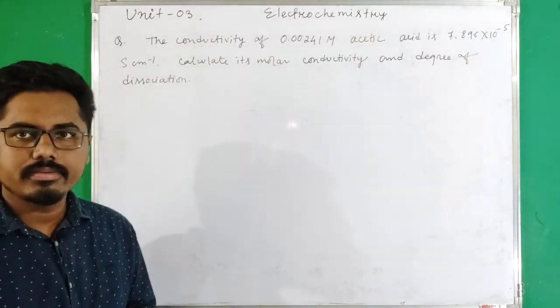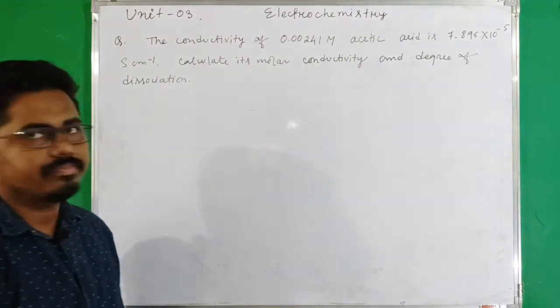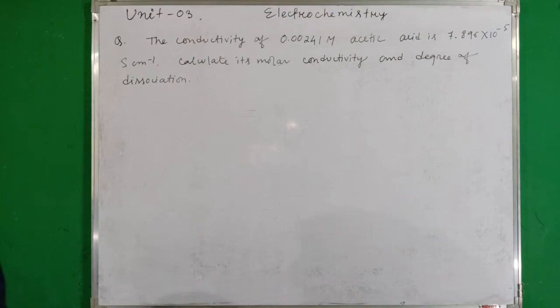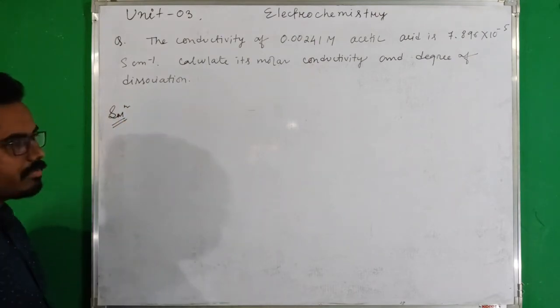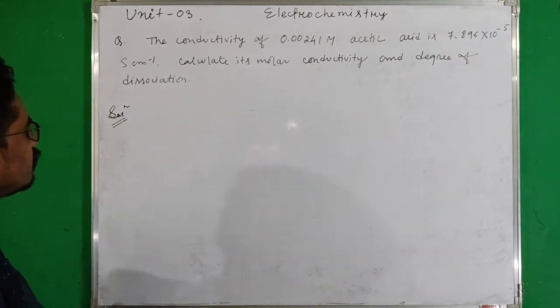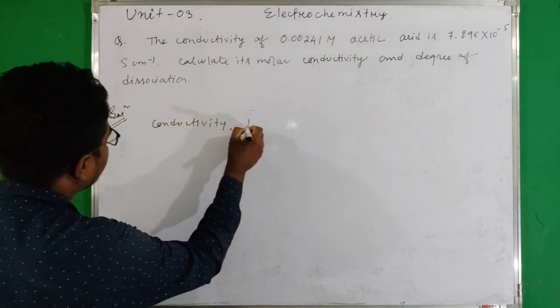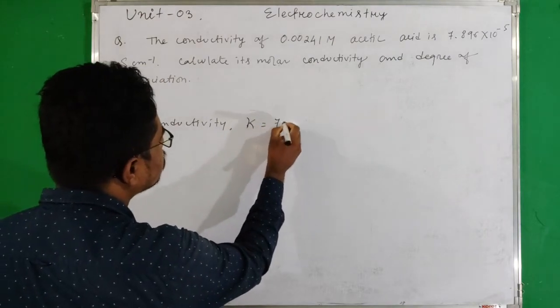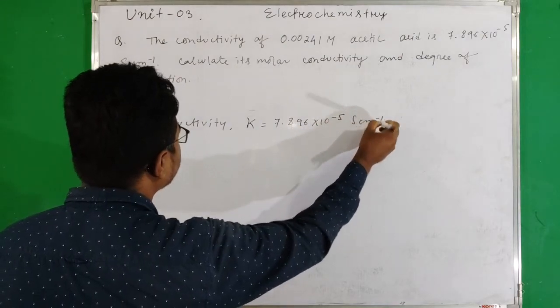Okay, so the question is: the conductivity of 0.00241 molar acetic acid is 7.896 into 10 to the power minus 5 Siemens per centimeter. That means the specific conductivity is given, and the value is conductivity kappa equal to 7.896 into 10 to the power minus 5 Siemens per centimeter.